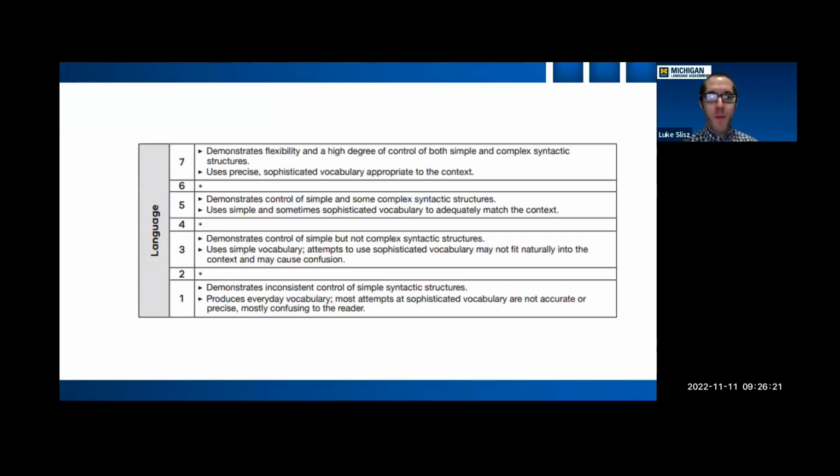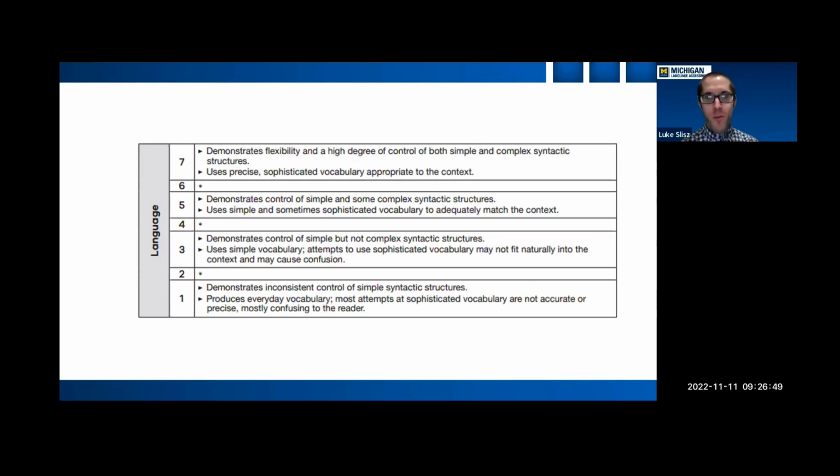And that's basically what this language rating scale is demonstrating. At the higher levels, there's a wide range, flexibility, and a high degree of control of simple and complex syntactic structures. And then there's precise, sophisticated vocabulary that is appropriate to the context, so the register is appropriate for the genre they're writing in. As you go down this list, you'll see that the control of those simple and complex structures becomes less and less.